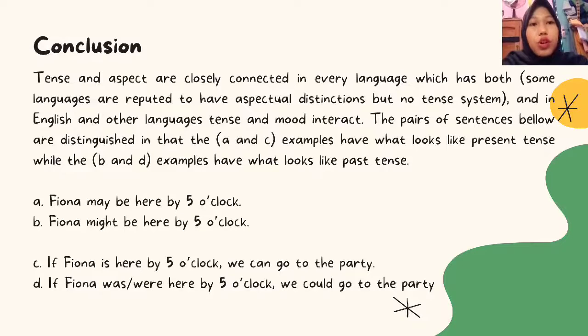B. Fiona might be here at 5 o'clock. C. If Fiona is here by 5 o'clock, we can go to the party. D. If Fiona was or were here by 5 o'clock, we could get to the party.